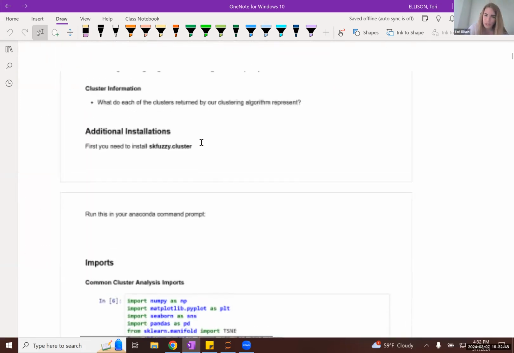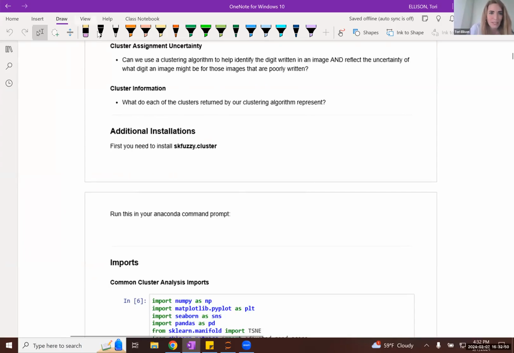So unfortunately, fuzzy C-means is not a part of scikit-learn. So you will need to, I don't know why this was blanked out, but you will need to run pip install skfuzzy to get this fuzzy C-means clustering algorithm.